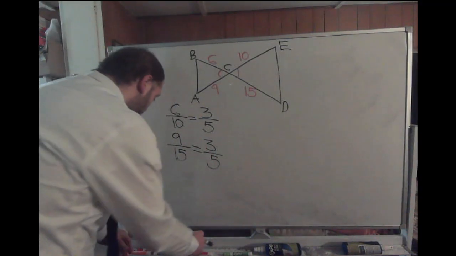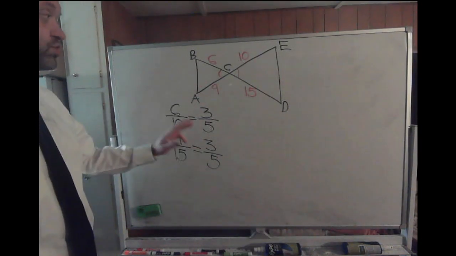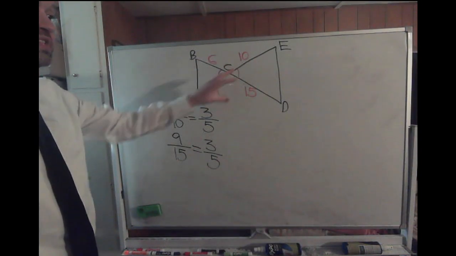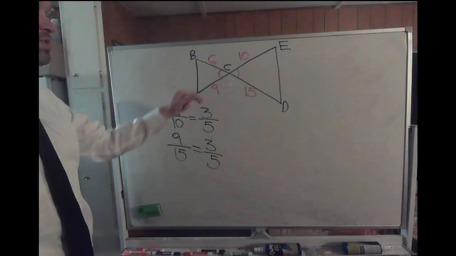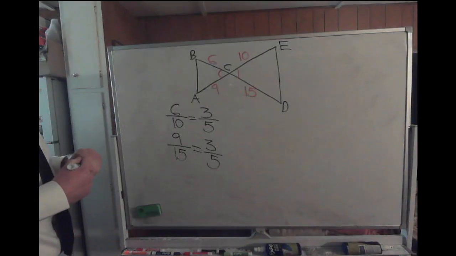So what you have here now, you do have the two similar triangles. You have two sets of sides that are in proportion to each other, and you have a congruent angle. You have the included angle that's congruent in each.